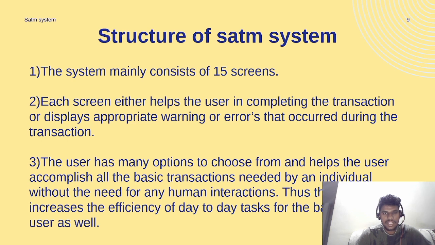Each screen either helps the user in completing a transaction or displays appropriate warnings or errors that occur during the transaction. The user has options to choose from and can accomplish all the basic transactions needed without any human interaction. Thus, the system increases the efficiency of day-to-day tasks for the bank and for the user as well.